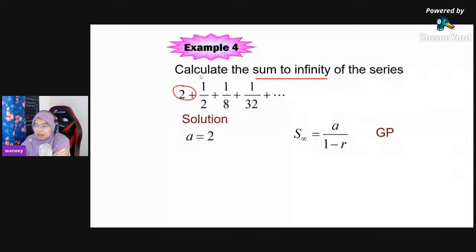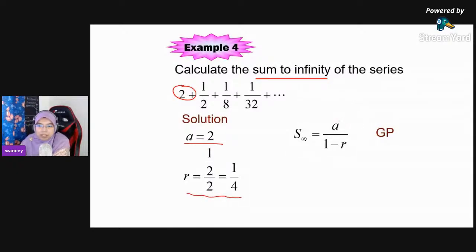So now let us calculate the common ratio. So common ratio, of course, you can take 1/2, you divide them by 2, or you can take 1/8, divide by half, or 1/32, divide by 1/8. Okay, so when we divide them, we should be able to get that the common ratio is 1/4. So we have the value of A, we have the value for the common ratio.